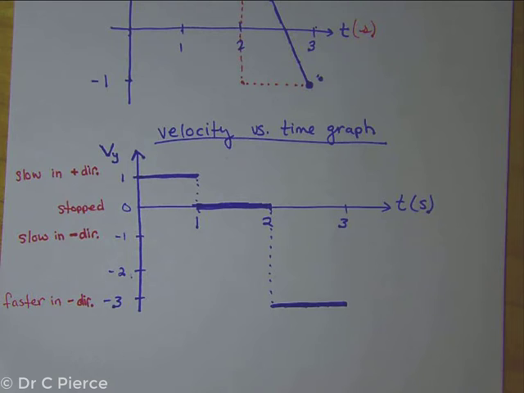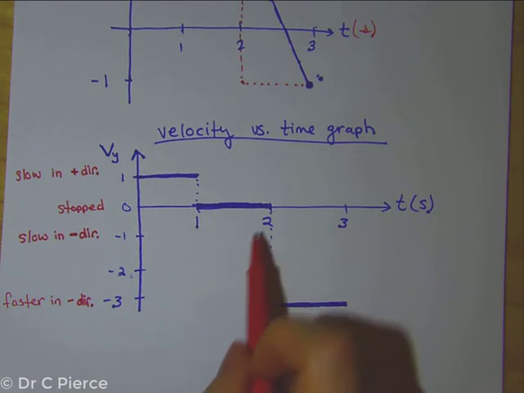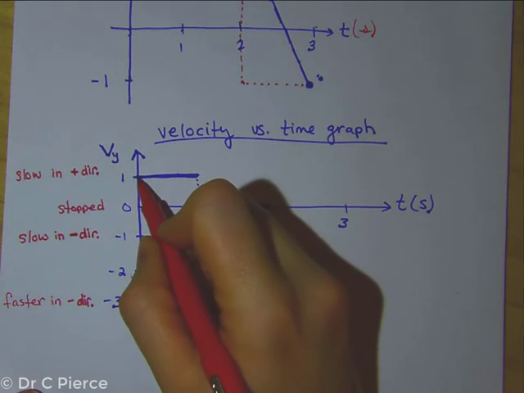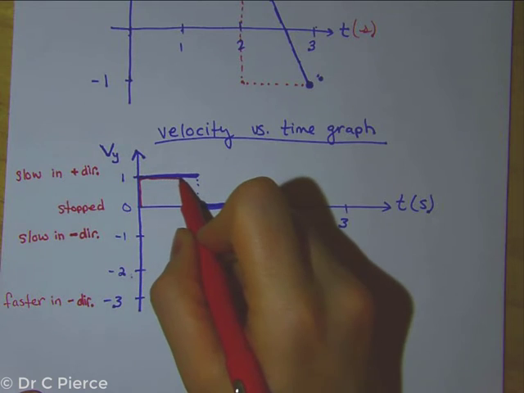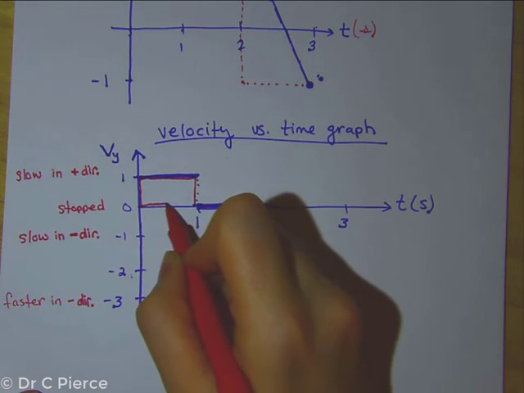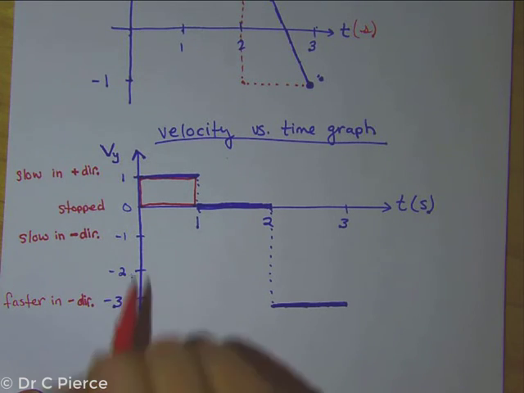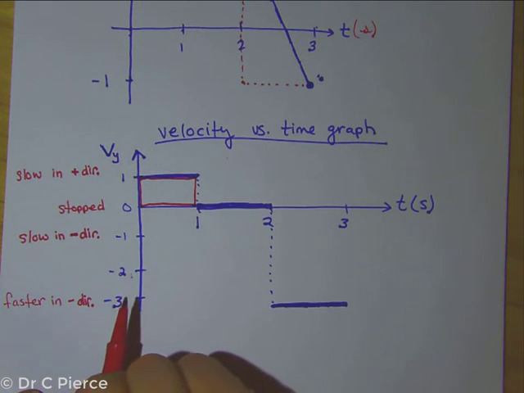The last thing to note on this velocity versus time graph is that it indicates our displacement for each of these time intervals from 0 to 1, 1 to 2, and 2 to 3. So if you imagine from 0 to 1, there's this rectangle here. The area of that rectangle would be base times height, but that would be a time times a velocity.